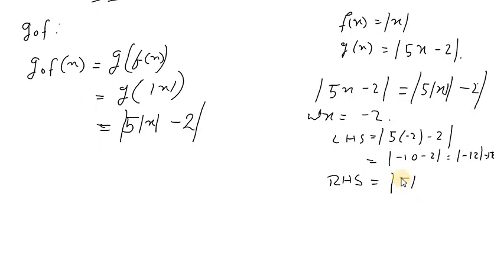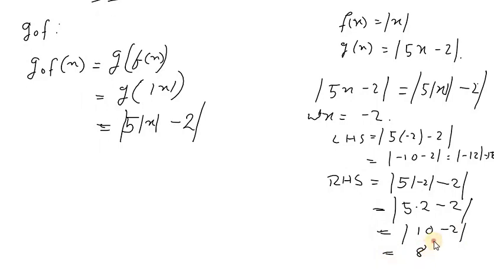Absolute value of minus 2 is 2, so 10 minus 2 is absolute value of 8, which is 8. So the left hand side is not equal to the right hand side, because we had a 12 here and we have an 8 here. So these two are not equal.